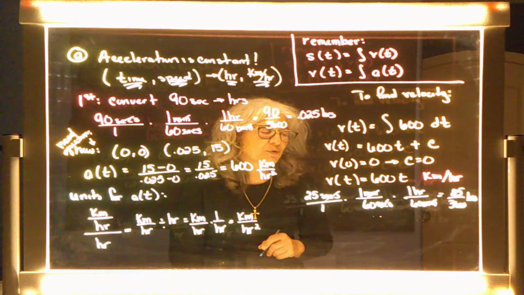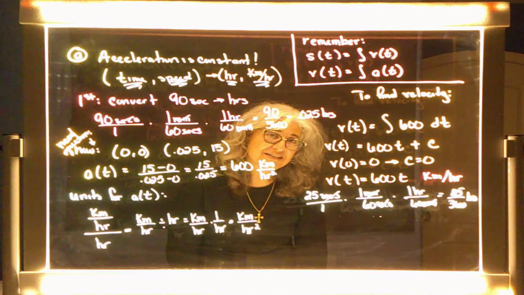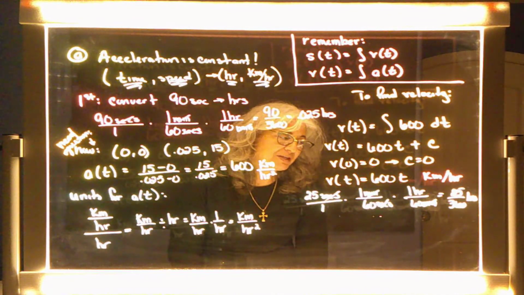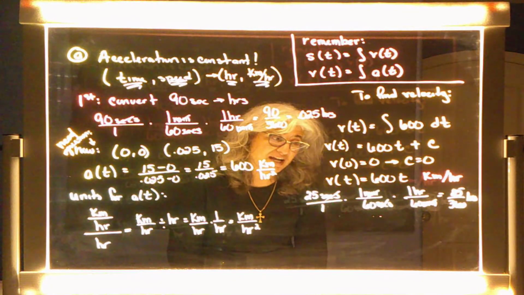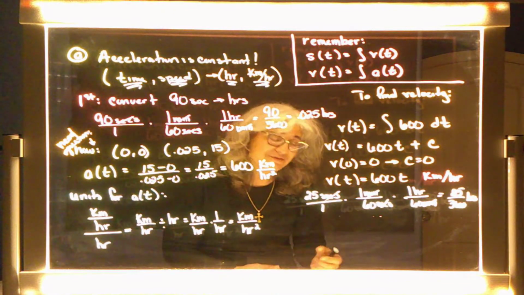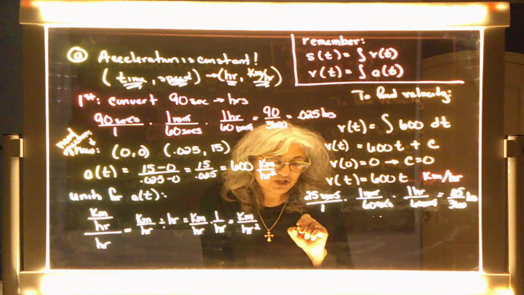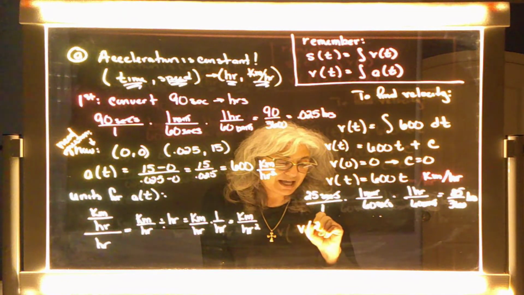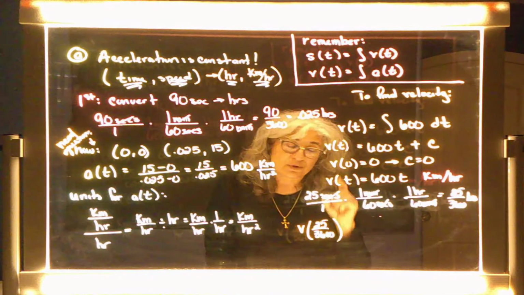Right? Okay. Now when I punched that into the calculator, that was not an exact number. That was going to give me a funky little decimal, which means I am going to leave it as a fraction so I can have as accurate an answer as possible. So I'm taking the velocity at 25 over 3,600 hours.